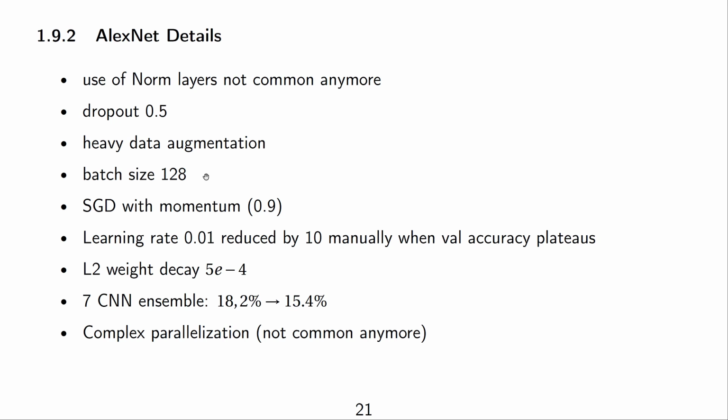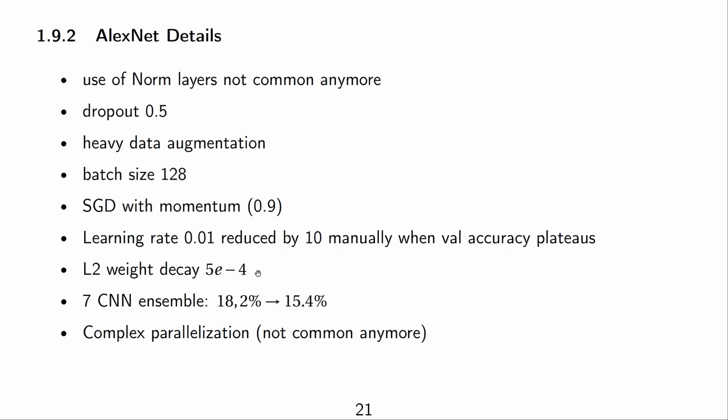Batch size 128, and as optimizer, the paper proposed to use stochastic gradient descent with momentum and momentum parameter 0.9. The learning rate started at 0.01 and was reduced by 10 manually when the validation accuracy plateaued. This is a strategy that survived probably for a long time and is still something people use today.